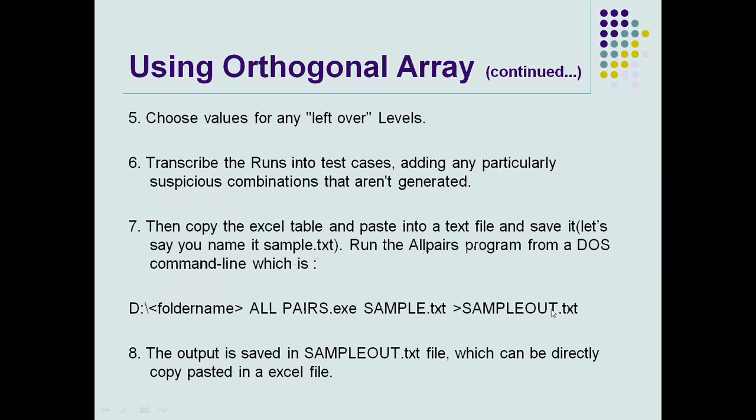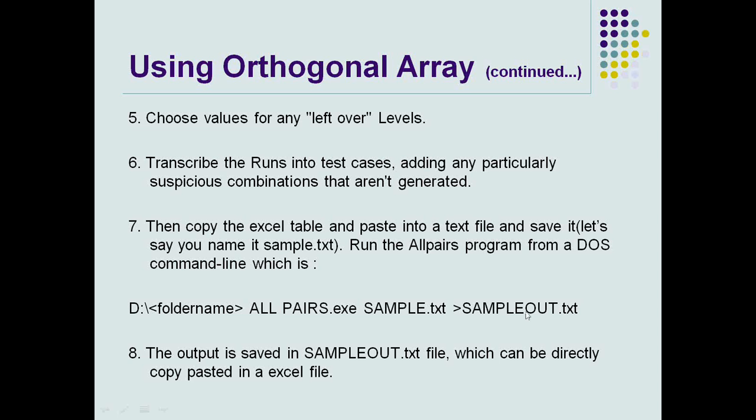So once you have done that, you also choose the values of any leftover levels as well, and then what you do is you copy all this into a sample txt file.